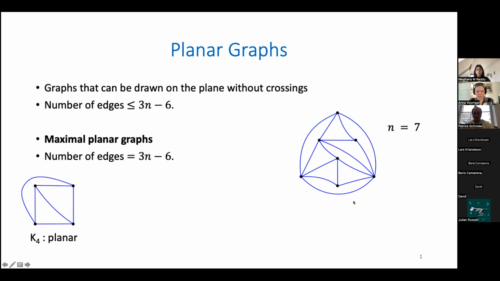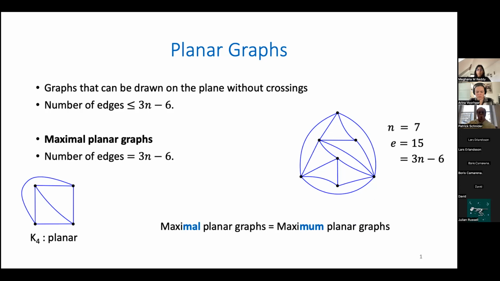Now let's go back to this drawing on the right and count the number of edges. It turns out that this has 15 edges, which is exactly 3n minus 6. So this drawing was maximal, obviously, because this is how we drew it, but also the graph induced by this drawing is maximal planar.